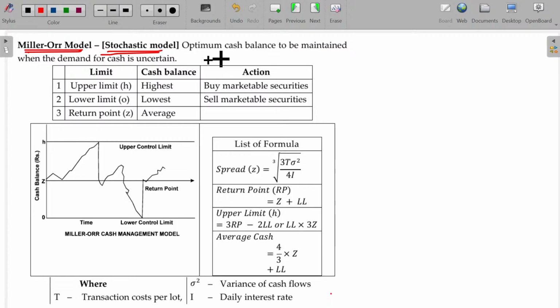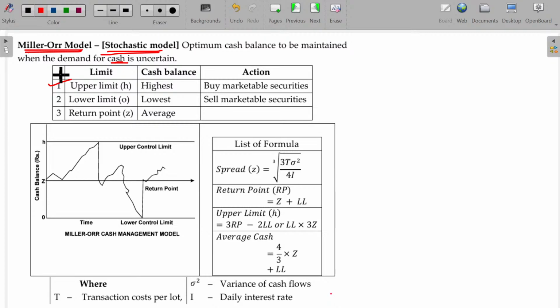So here it is all about the Miller-Orr model: the optimum cash balance to be maintained when the demand for cash is uncertain. If you have a cash balance more than your upper limit, say you need to keep not more than 1 lakh rupees in your cash box, and your cash box has more than that, that excess money can be used for investing in securities.